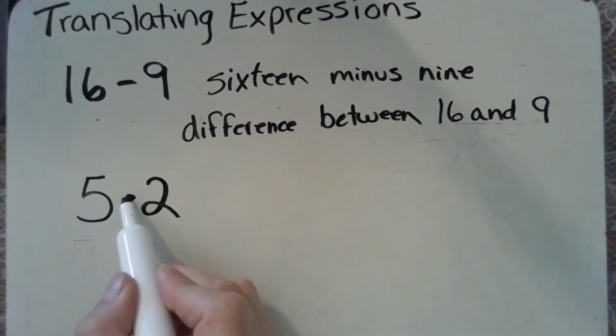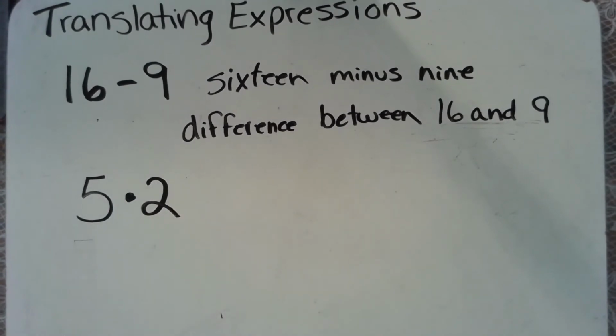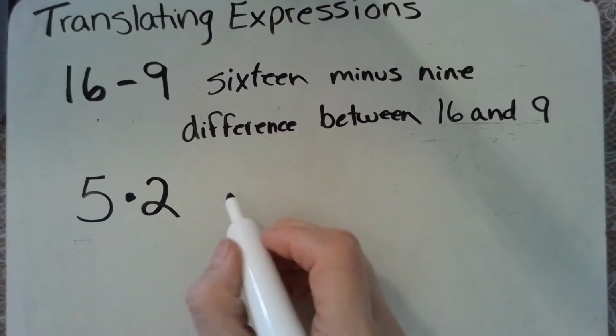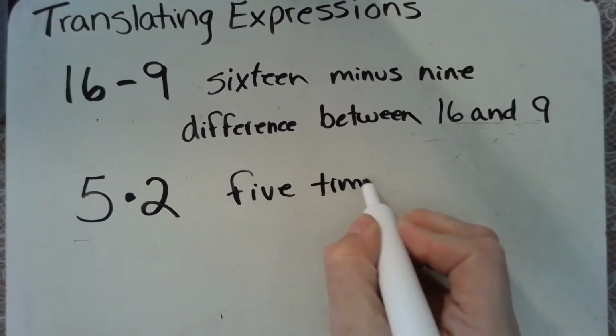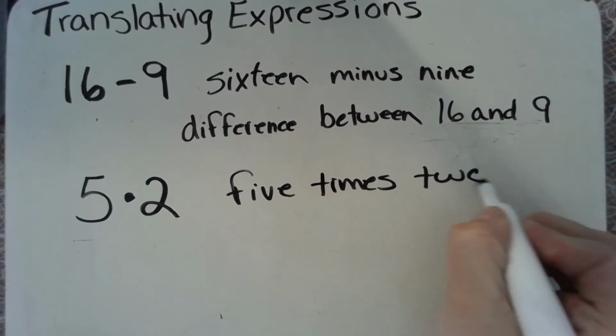Remember that we use the dot now for multiplication instead of the x, because as we get into pre-algebra and algebra, the x is a variable and it means something totally different. So we don't want to confuse the x with the multiplication symbol, so we use the dot for multiplication. So we could say this is 5 times 2.